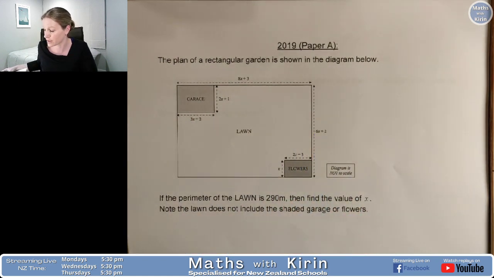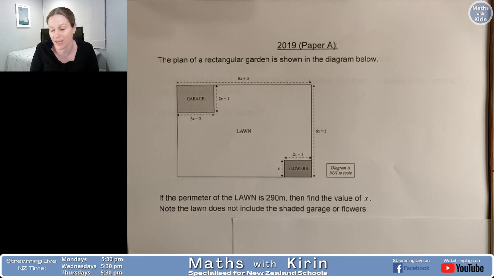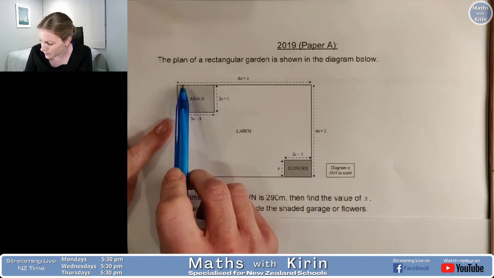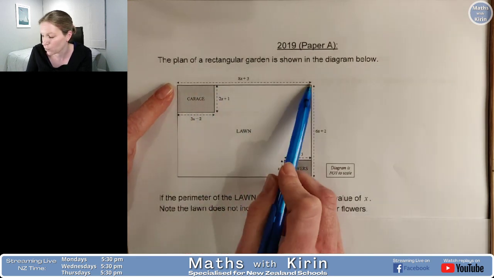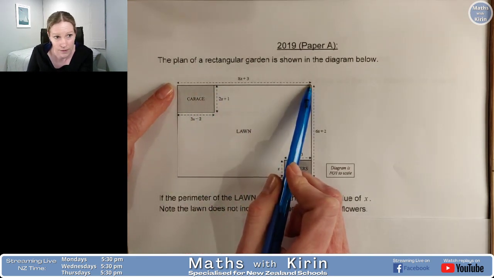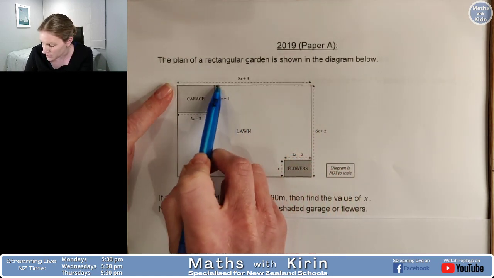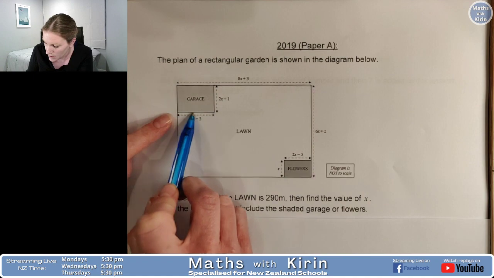So there's kind of 2 ways that you can do this. One is probably going to be simpler for you, and also reduces the risk of making some errors, and that's to think of this side here we know is 8x plus 3. We want the perimeter of the lawn, which means we actually only want this bit, but we also want this bit here.